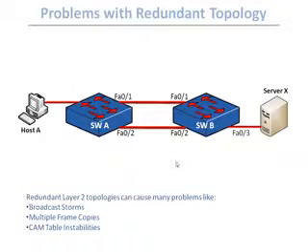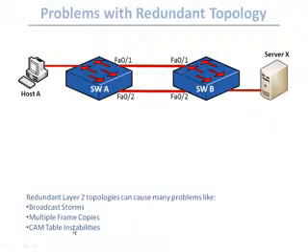And last but not least, another problem associated with redundant topology is what we know as CAM table instabilities, or as I said, MAC address table instabilities. Now imagine that host A is connected to switch A on F03, and host A's MAC address is this MAC address.